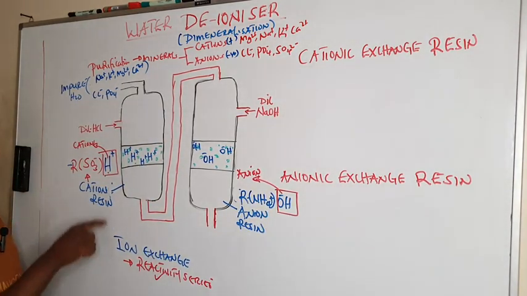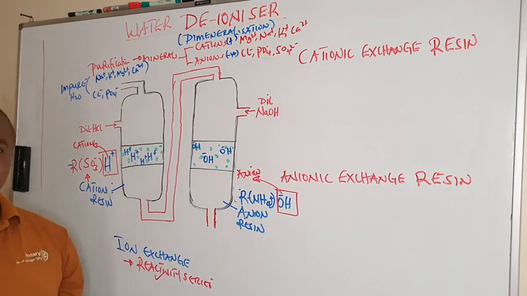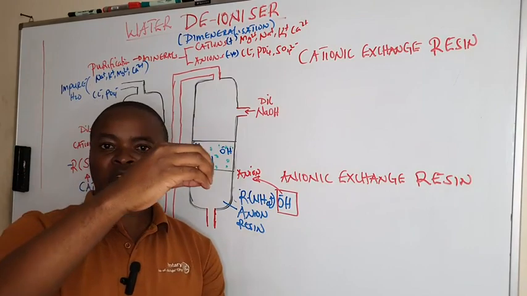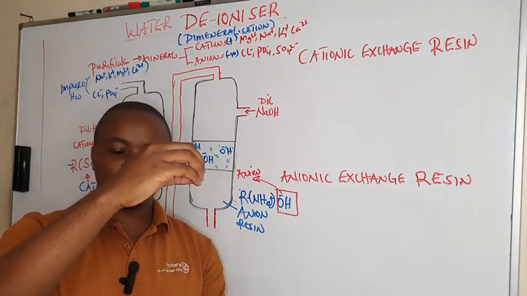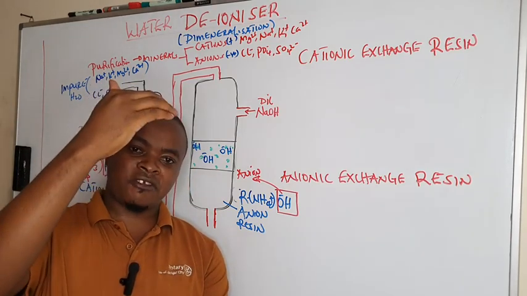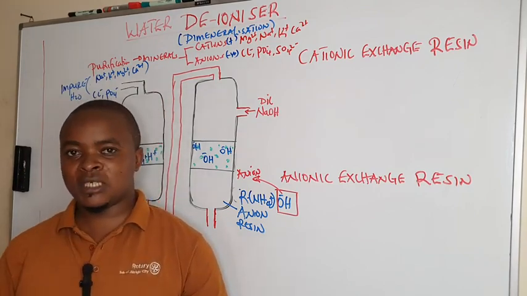So since hydrogen ion is lower in the reactivity series, other components are able to displace it. If you have sodium, which is on top in the reactivity series, and hydrogen below, then sodium has the ability to replace or displace it.